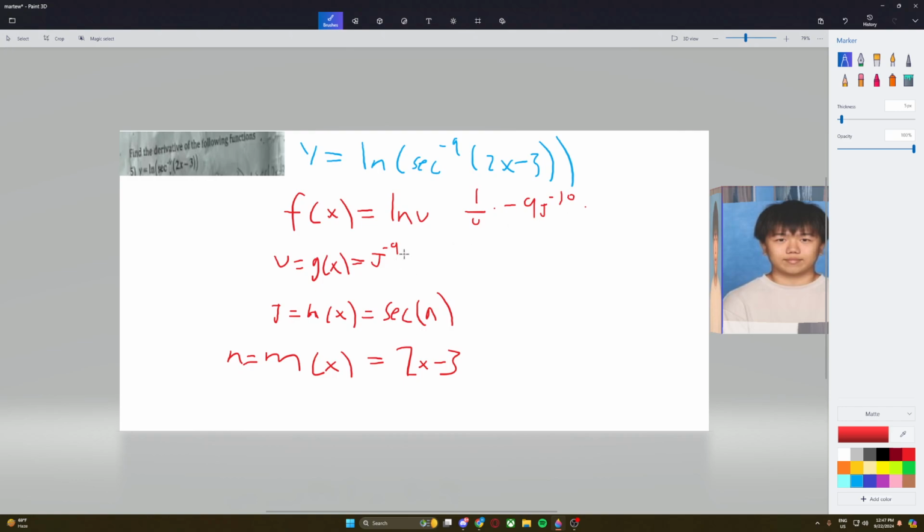J prime is secant, and secant is secant times tan n, and then times the derivative of n, and n of x is 2x minus 3, so the derivative is just 2.